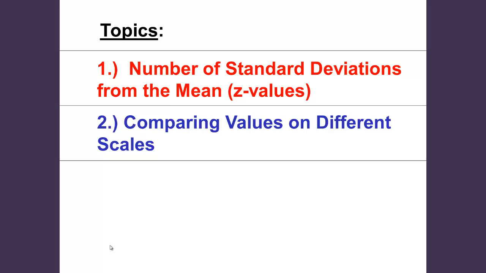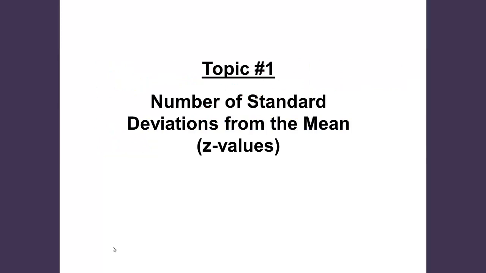For topic 2, I will illustrate the use of the formula to find a Z-score, then to compare the values using their Z-scores. This will take more than one video, so this will be a multiple part series.